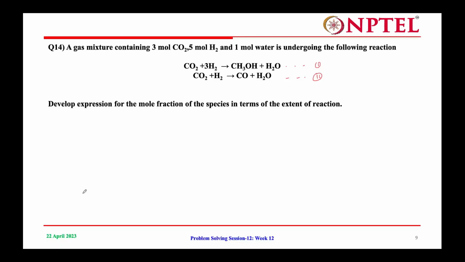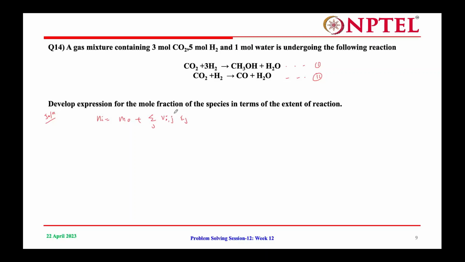So for multiple reactions, ni is equal to the initial moles of species i plus summation over j of vij times the reaction coordinate j. Here vij denotes the stoichiometric number of species i in the j reaction.